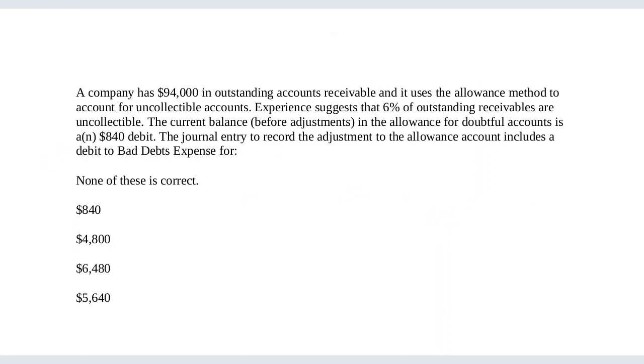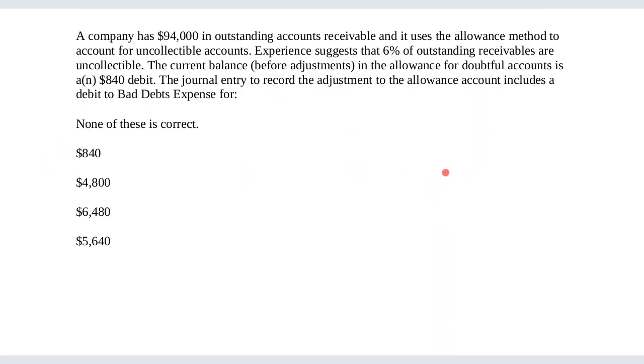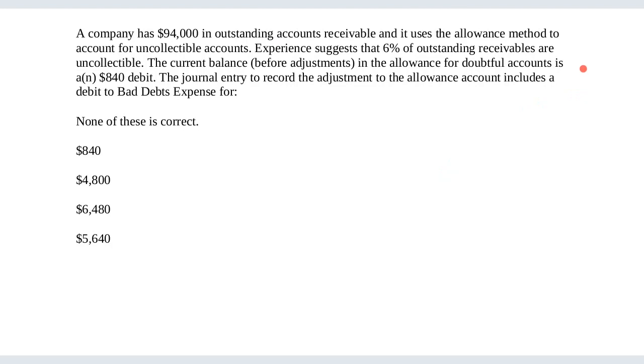Okay, so moving on to the next one. Here we are asked, a company has 94,000 in outstanding accounts receivable. It uses the allowance method. Experiences just a 6% of outstanding receivables.